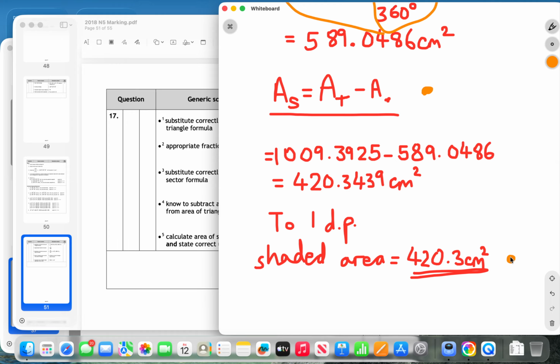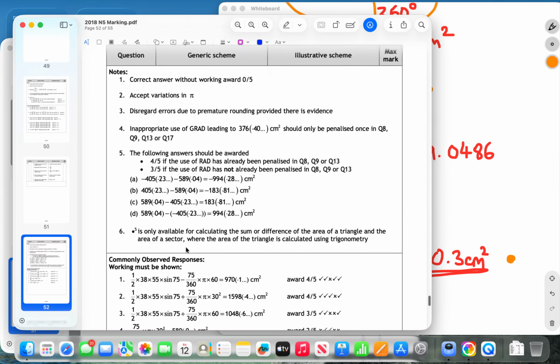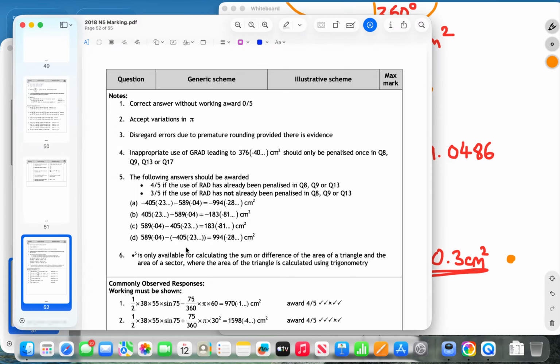Let's have a look at the ways in which pupils lost marks, because there were a lot of problems in this question that pupils had. Of course, no working would get you no marks, because this is one of those unseen questions. The marker is expecting you to show your method, because you get marks for a method in this question.